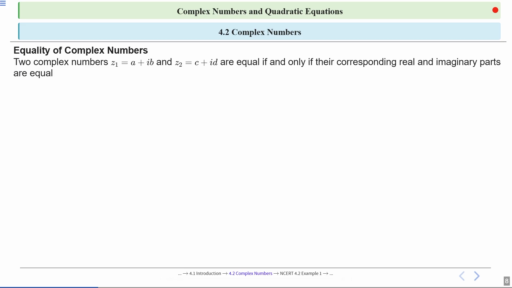Two complex numbers, say z1 is a plus iota b and z2 is c plus iota times d, are equal if and only if their corresponding real and imaginary parts are equal.